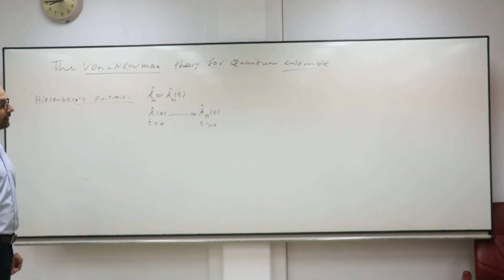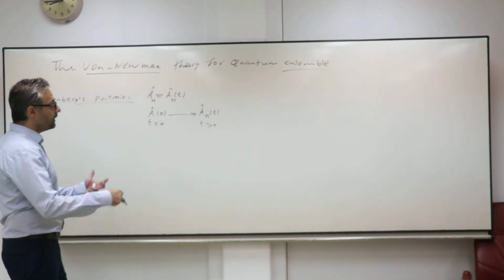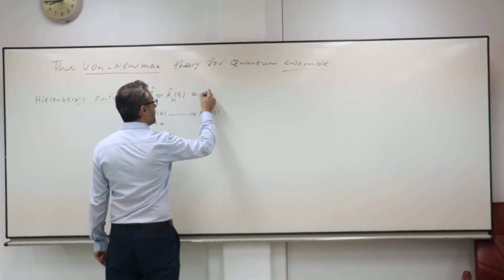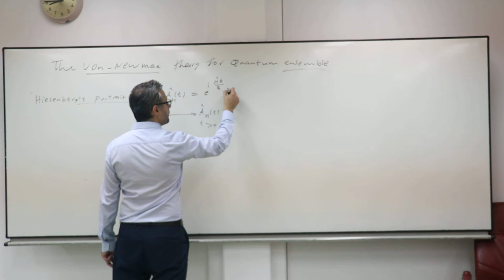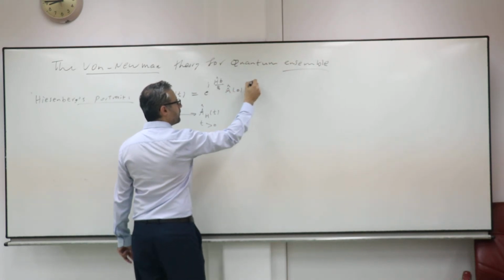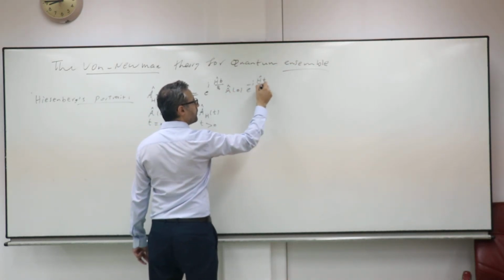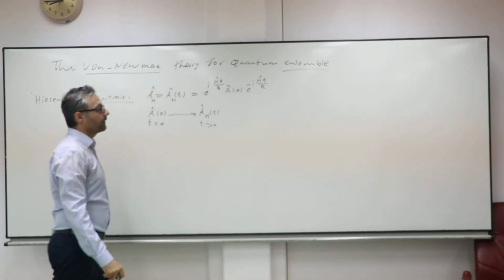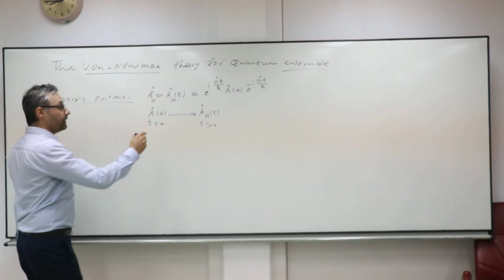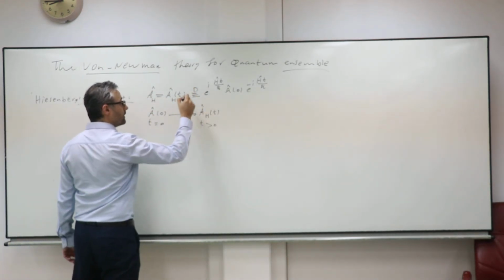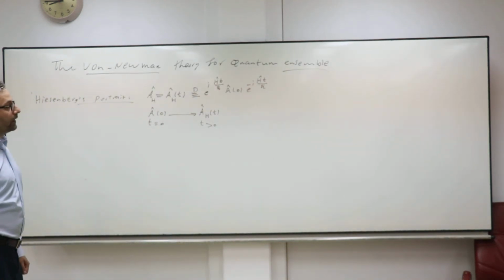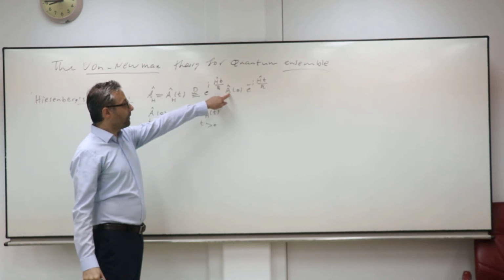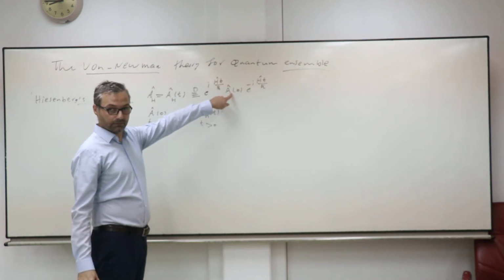In the Heisenberg picture, we define the operator in the following form. This is a representation of the operator at any time.